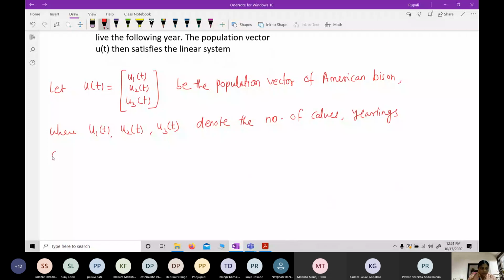And what is u3 denotes? And adults respectively after t years.